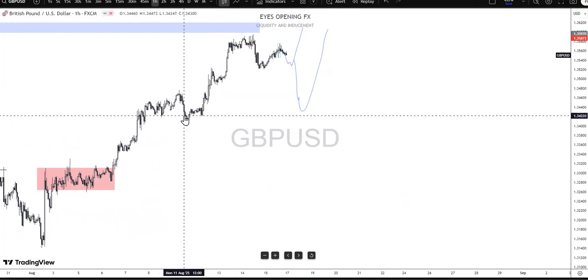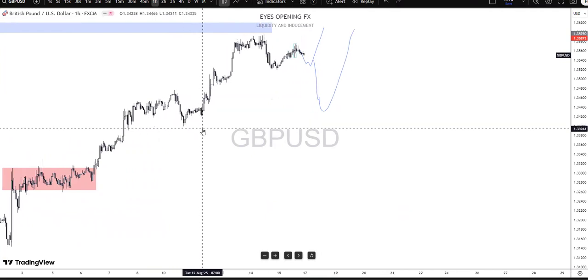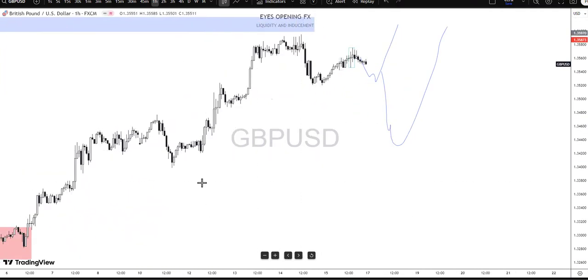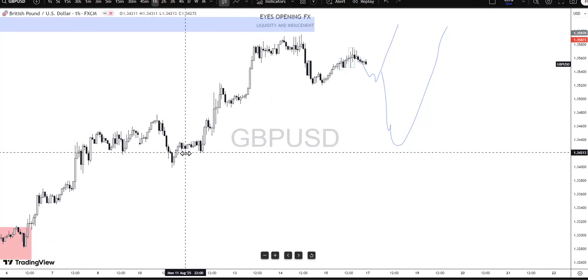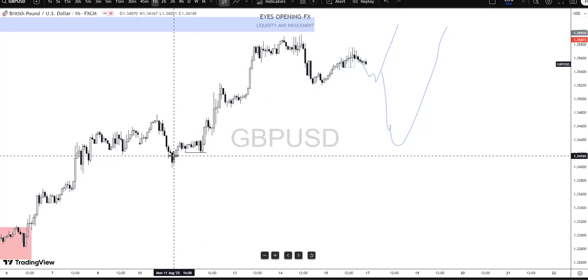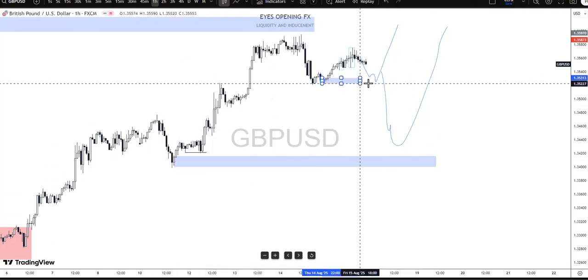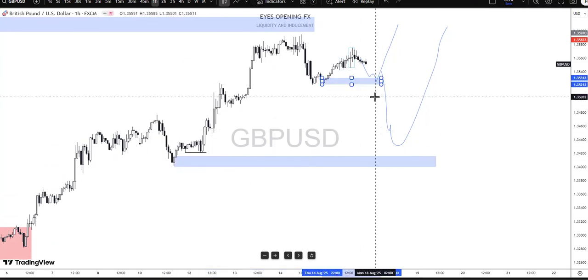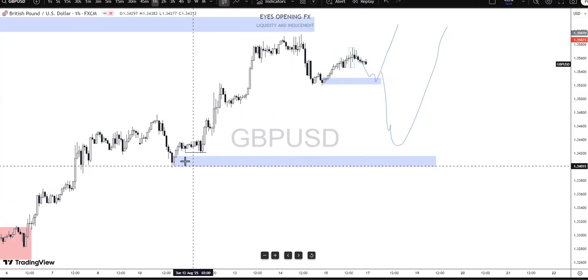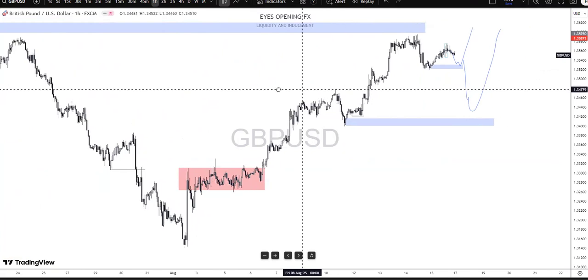And if market is coming for these lows, since this is not equal lows, I'll have my POI just right below this low, which is around this area. So these are my two expectations in the market, either a bullish continuation from here or from this particular level.